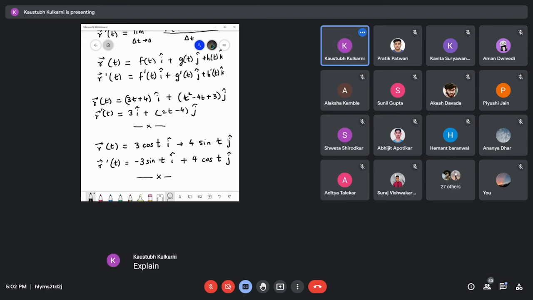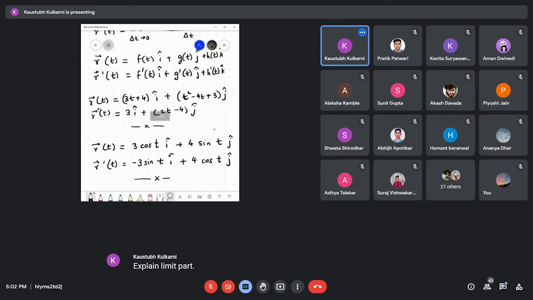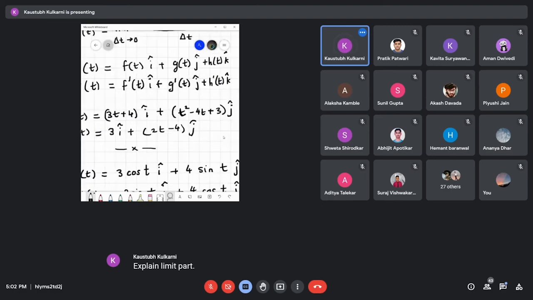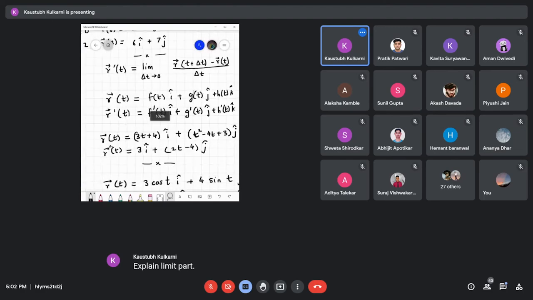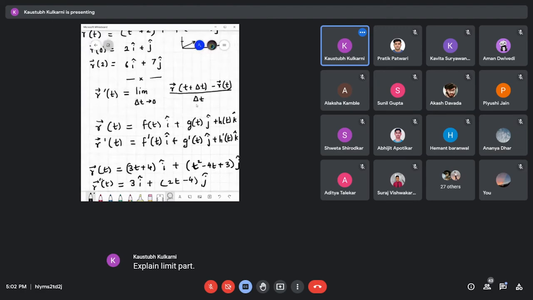Explain limit part. This is the basic definition of any derivative.